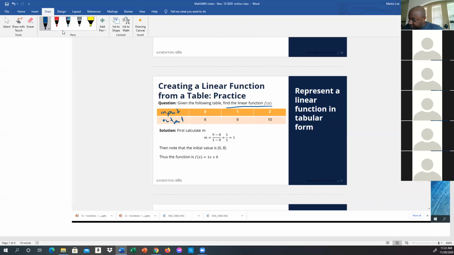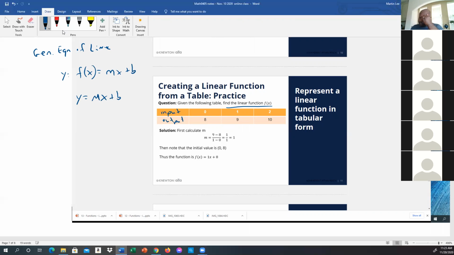Well, we need to find a function f of x equal to mx plus b. This is the general equation of a line. So it'll be y equals mx plus b.